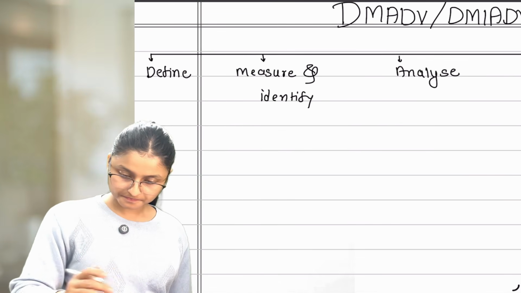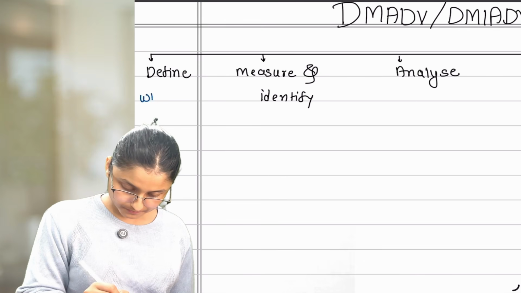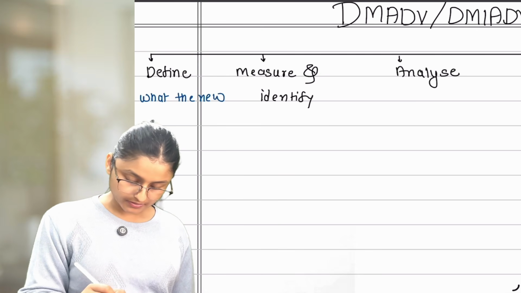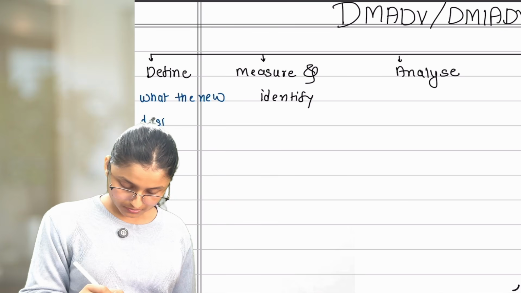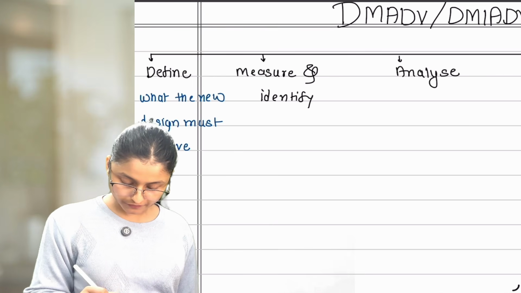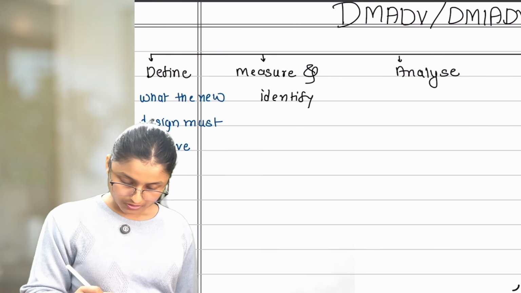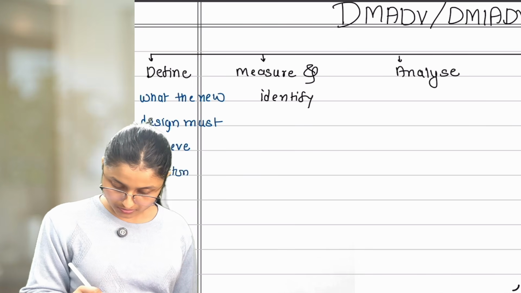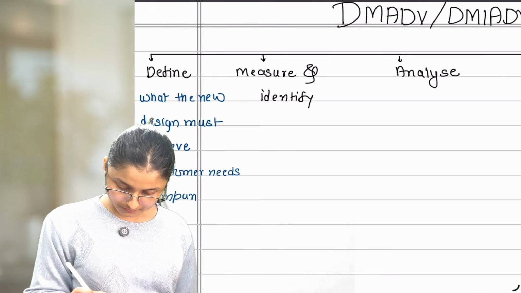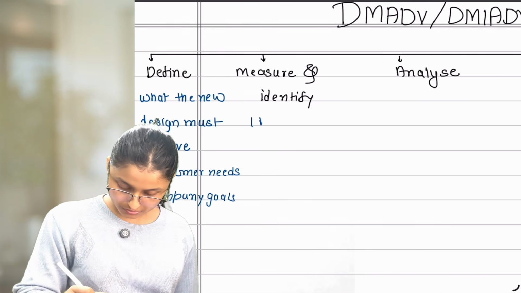First, define what the new design must achieve. What we want to achieve with the new design, we'll define that first. It can be customer needs or company goals. Next, identify and measure.